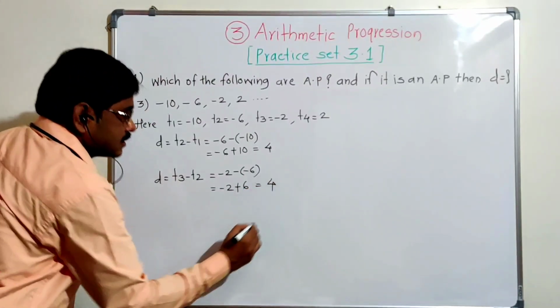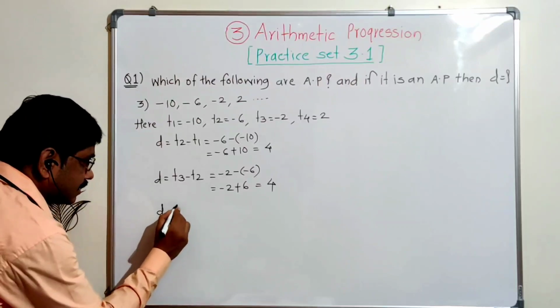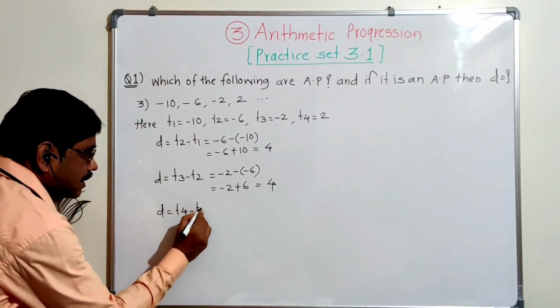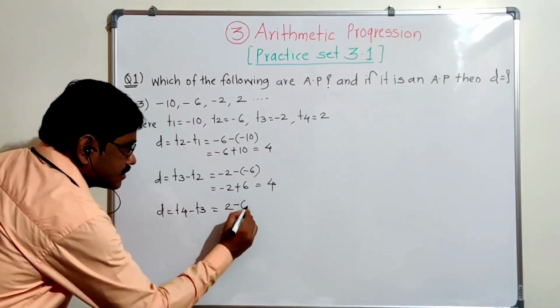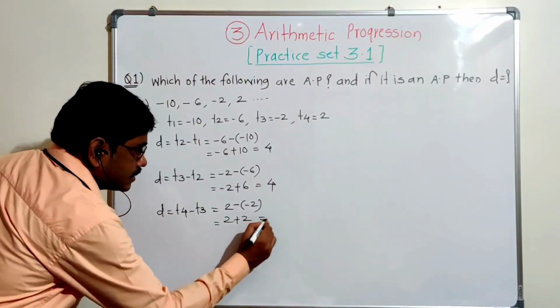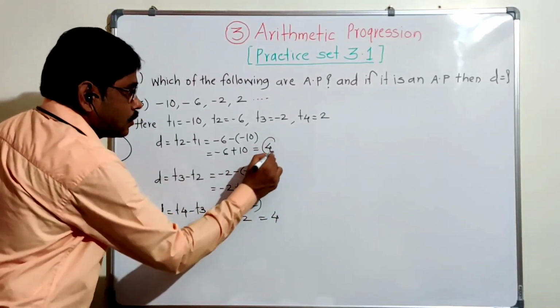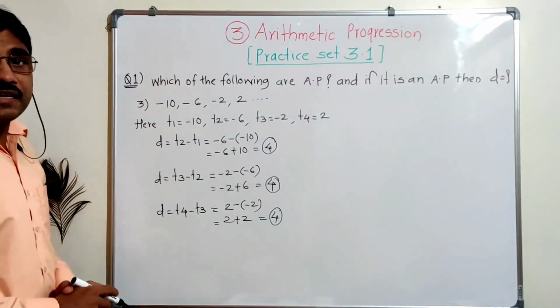So here again it is 4. 6 minus 2 is 4. And find the third one, that is T4 minus T3 is equal to 2 minus minus 2. So we get 2 plus 2 is again 4. So here it is 4, here it is 4, here it is 4. So everywhere it is constant.